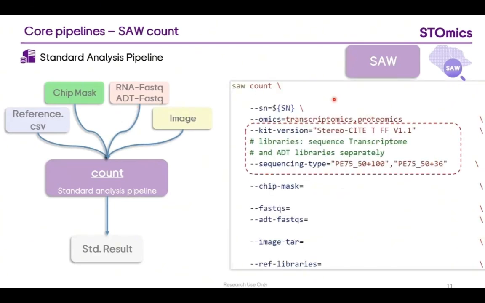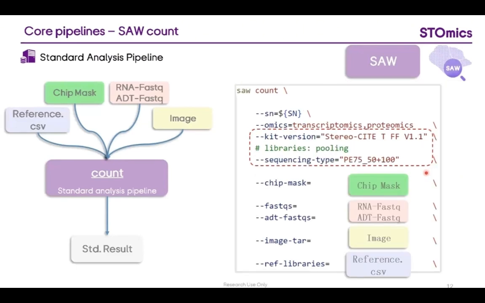One key thing I would like to highlight here is that you must correctly specify the kit version and the sequence type when you analyze the Stereo-CITE data. For example, the sequence type for the transcriptome may be 15 plus 100 base pair, while that for ADT data could be 15 plus 36 base pair.